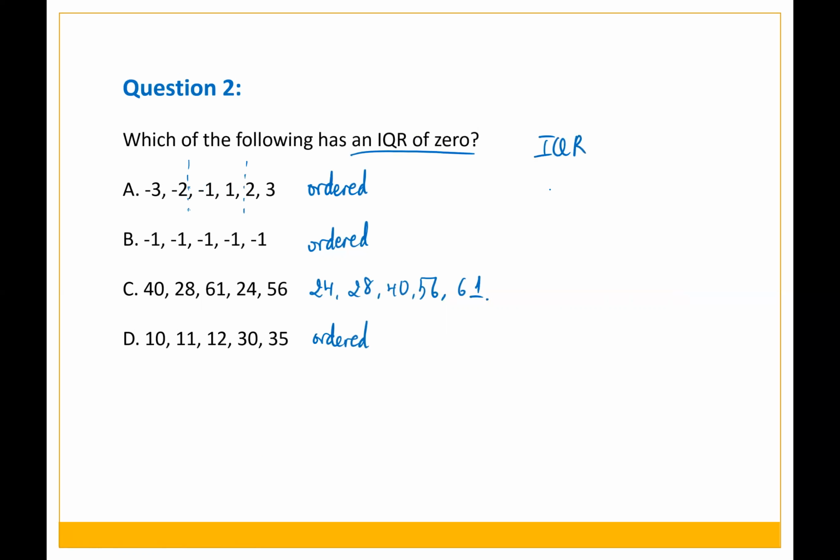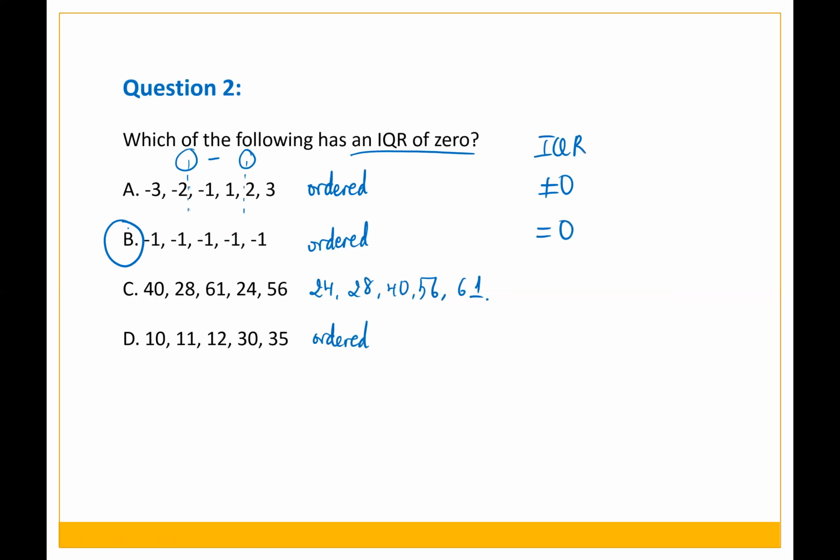So if you take this value minus that value, it's going to be something different from 0, right? Because they're 2 different values. On the other hand, for B, you have Q3 equal to Q1 equal to -1, so this one is going to be equal to 0.